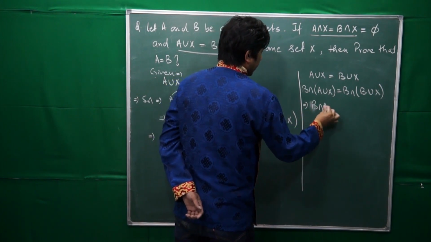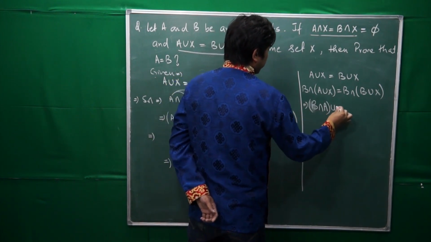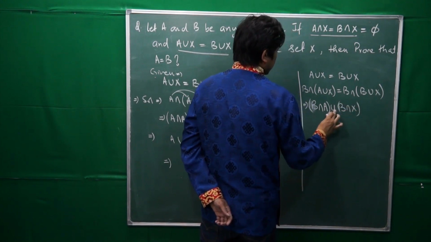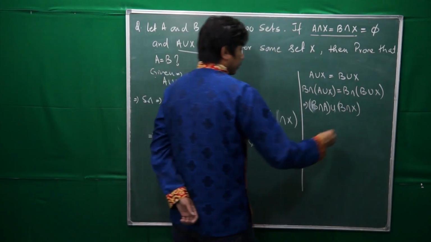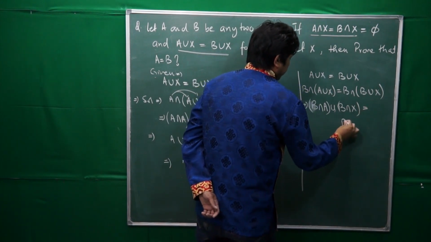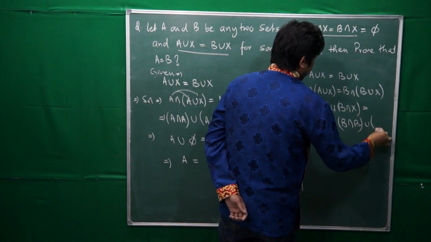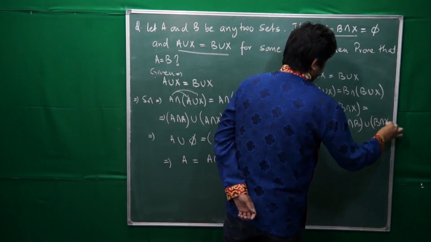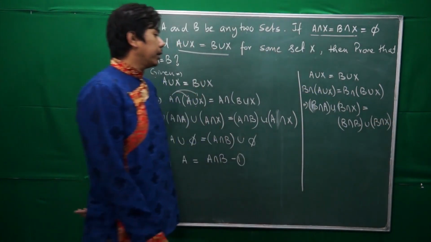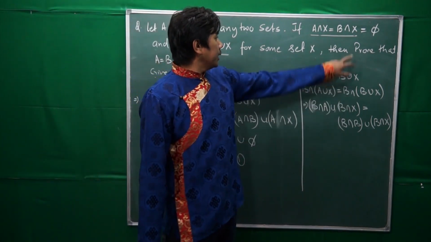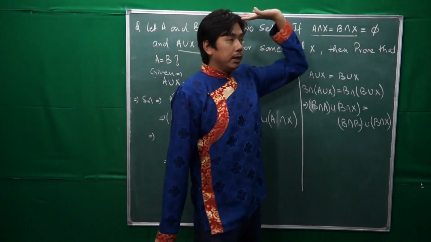B intersection A union with B intersection X. Now this would be equal to B intersection B union with B intersection X. From above, we all know the value of B intersection X: B intersection X is equal to the null set.